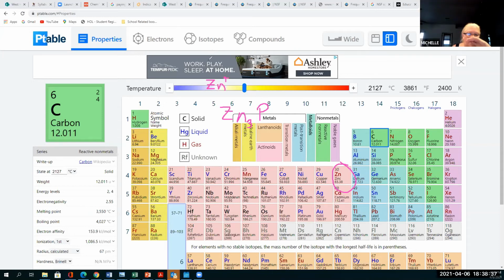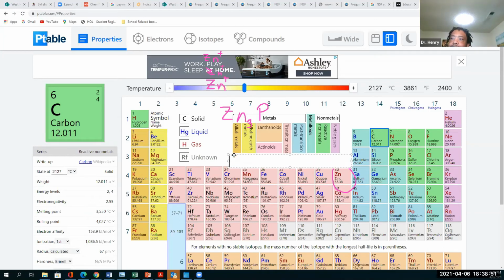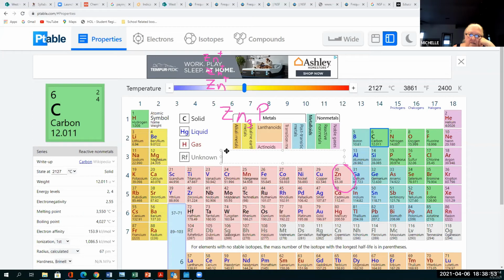Positive, yeah, because phosphorus is negative. Okay, so then what would be the name? Zinc phosphide. Zinc 1 phosphide. Okay, zinc 1 phosphide.